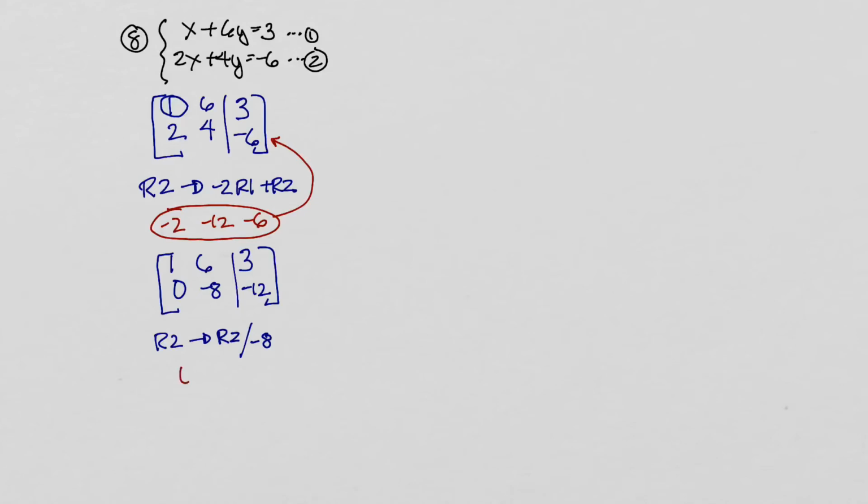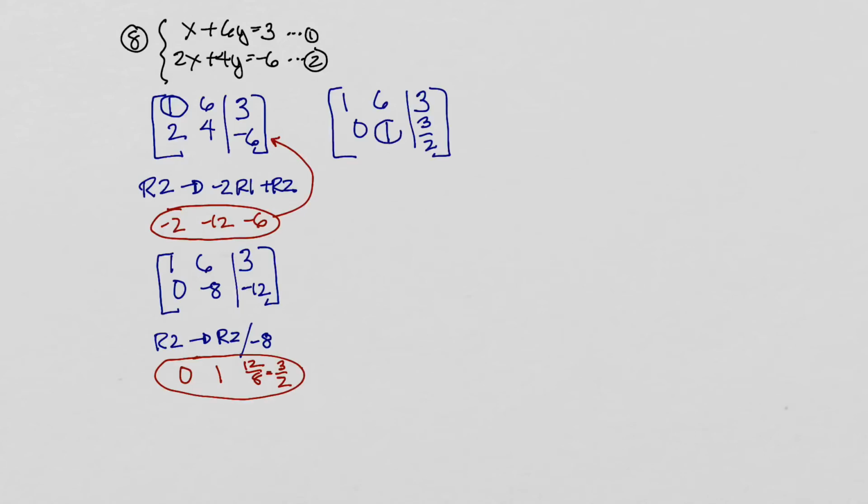0 divided by negative 8 is 0. And then negative 8 divided by negative 8, that's going to be a 1. And then negative 12 divided by negative 8, well, negative divided by negative is going to be positive. So now we have our 1 in our pivot position, and we want to get a 0 up here by doing this.